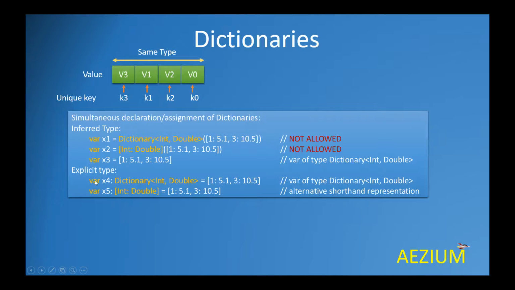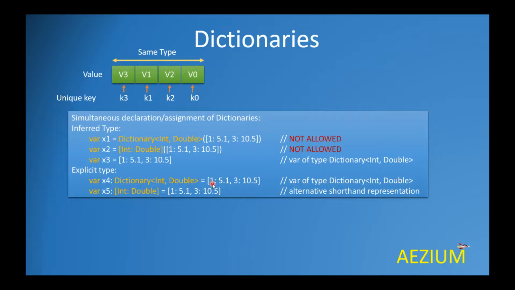So x4 is a variable of type dictionary of int and double, and then we assign this value to x4. If you notice here, the entries within the square brackets each have a pair.